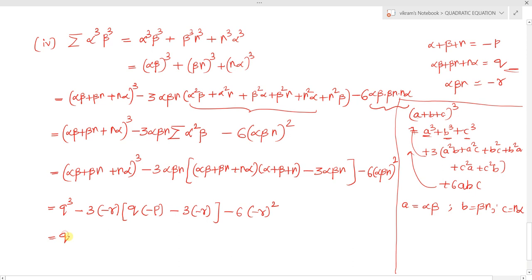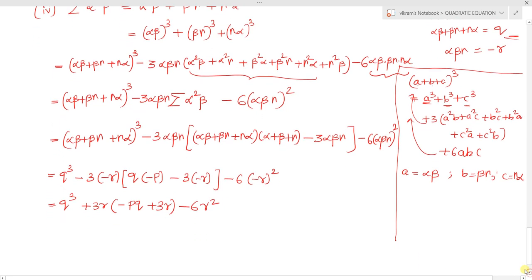Then we can write this as q cube plus 3r into (minus pq plus 3r) minus 6r square.